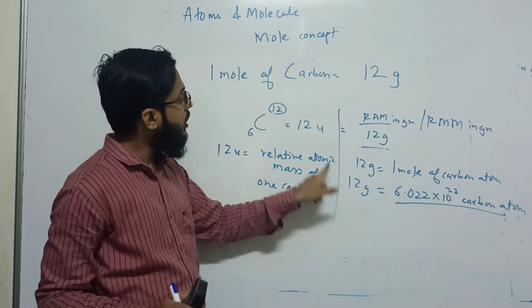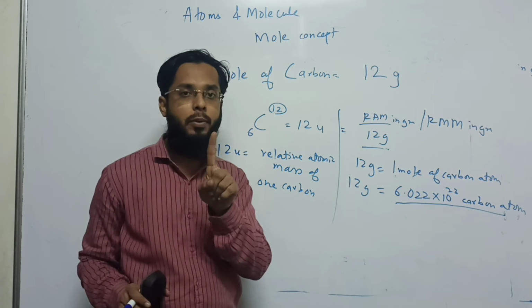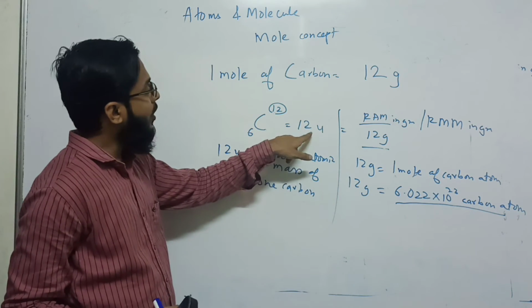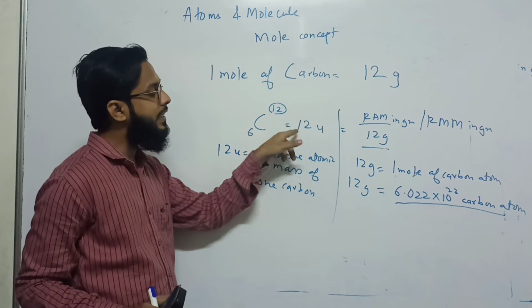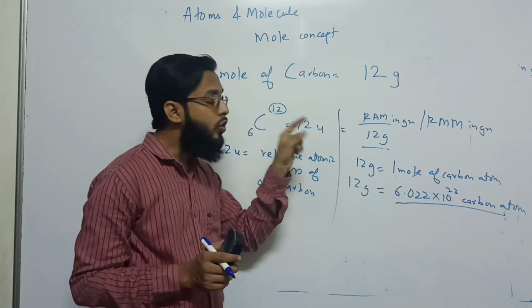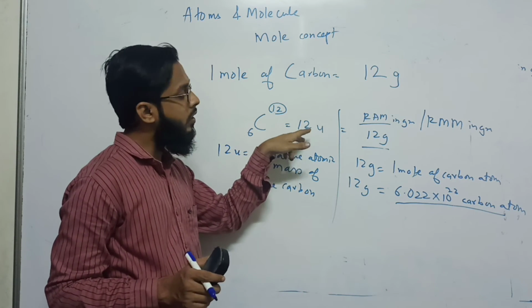So when we write 12 gram, it means it is not one single carbon, it is 1 mole of carbon. And when you write 12 unified mass, again I am telling you, this is not the weight exactly of one atom, it is a relative comparison.